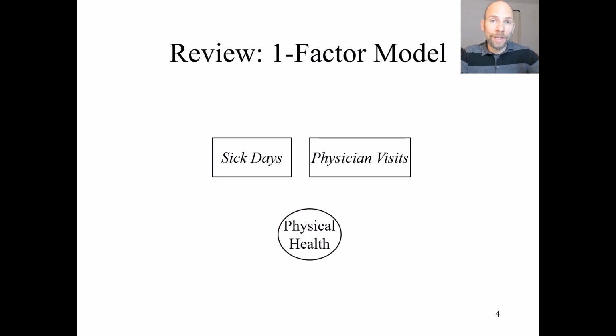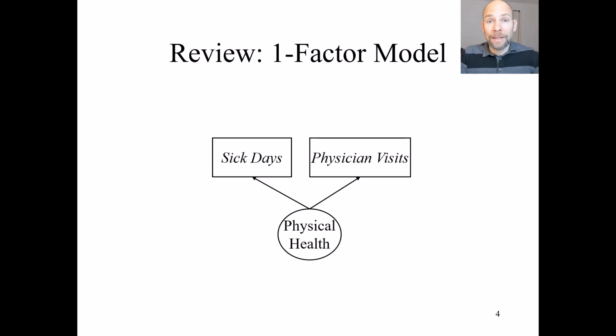So we have two indicators, a repeated measurement of the same attribute with two different observed variables. And now we connect our latent variable physical health to those two indicators, and specifically this latent variable physical health accounts for the covariance between the number of sick days and the number of physician visits.